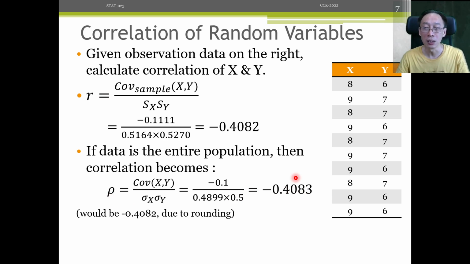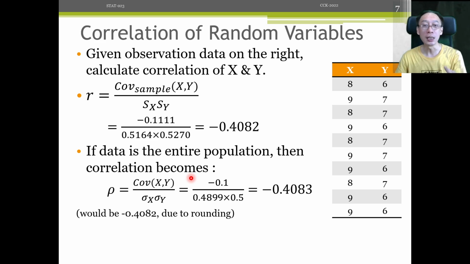So this 3 here is just due to rounding, and in all honesty, we just show it here. But we should know that treating the set of data as sample or as population will result in the same correlation values, not the same covariance values. Notice that? Okay, so that's point number one.